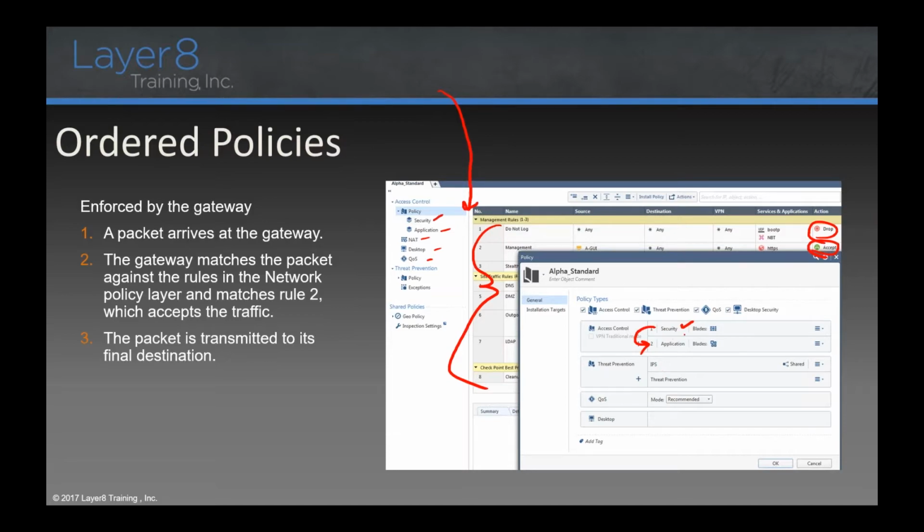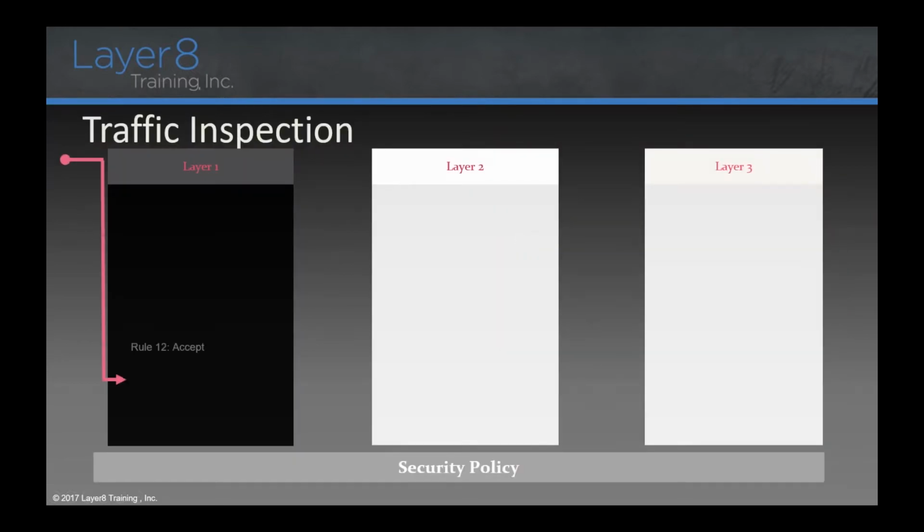The minute the traffic, however, is dropped, we stop processing. So if at layer 1, the firewall layer, the system says accept, we'll bump the evaluation through to the second layer, where we might then drop it. This gives us the ability to layer our policies to give us a little more control over the traffic flowing through the gateway.